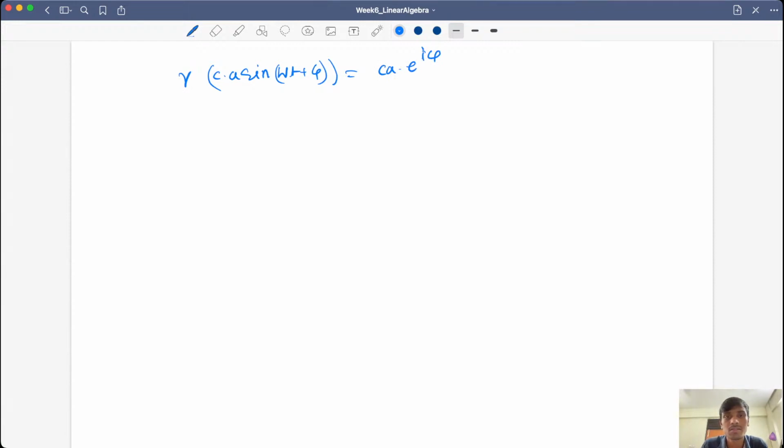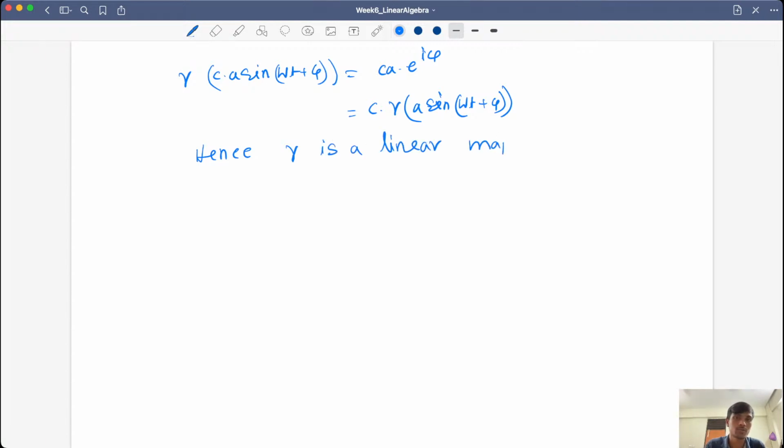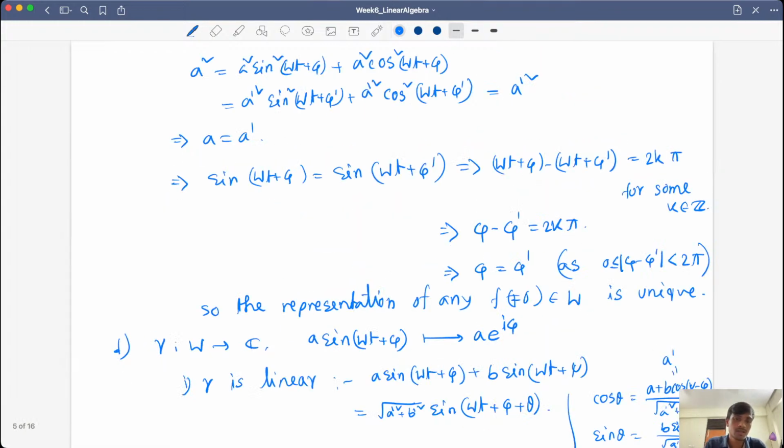That is the same as c times a e power i phi, and that is the same as c times gamma of a sin omega t plus phi. So hence gamma is linear, hence gamma is a linear map from W to C.